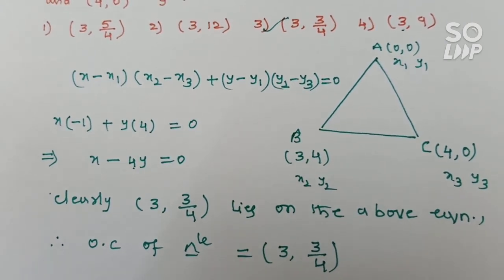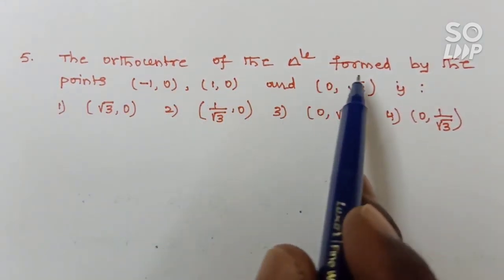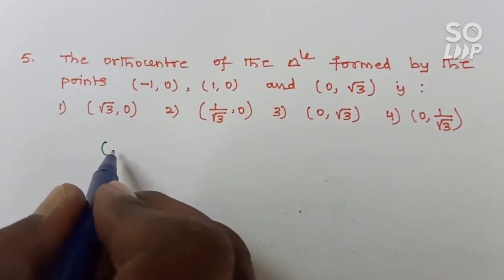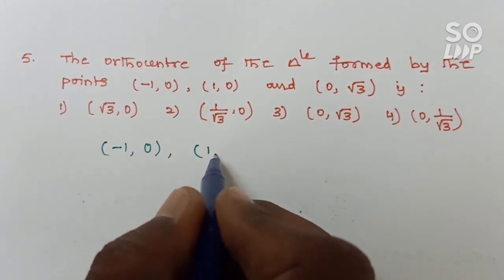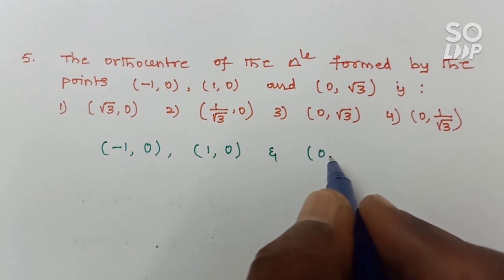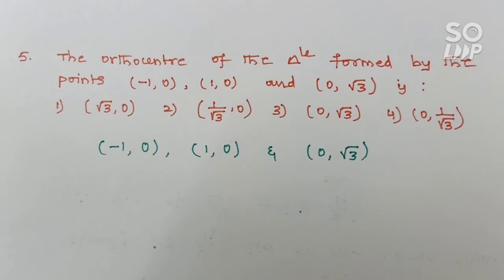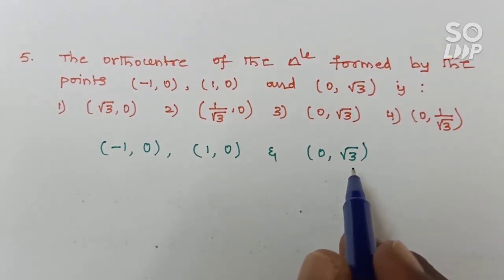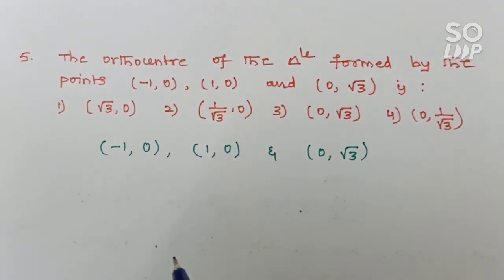Now we'll see the next question. Find the orthocenter of the triangle formed by the points minus 1 comma 0, 1 comma 0 and 0 comma root 3. In general, in any point, if a coordinate is an irrational number like root 3, these points will form an equilateral triangle.